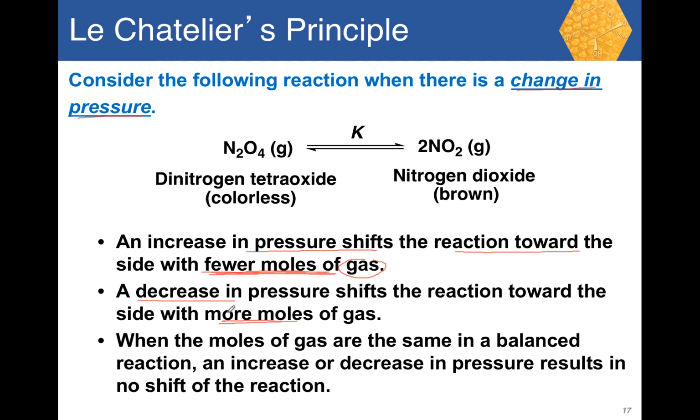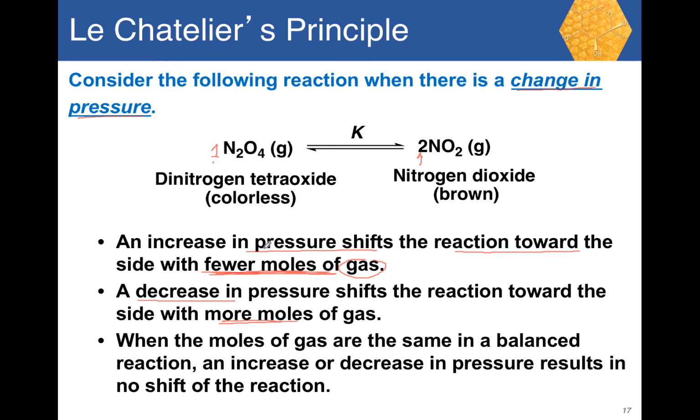So again, you may want to pause the video here to absorb this concept. Let us look at this reaction. Notice we have 1 mole of reactant and 2 moles of product. Key: 1 mole and 2 moles of product.